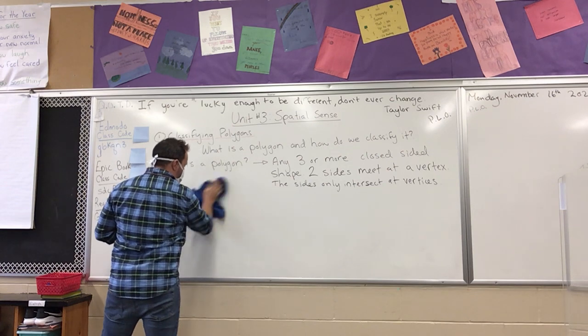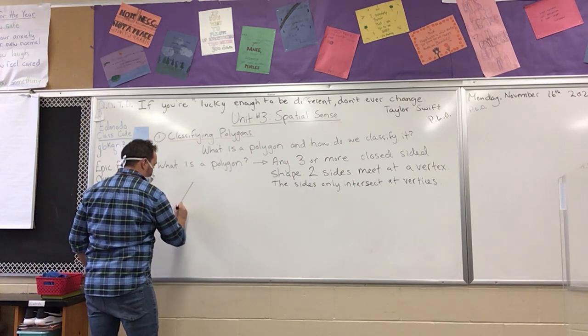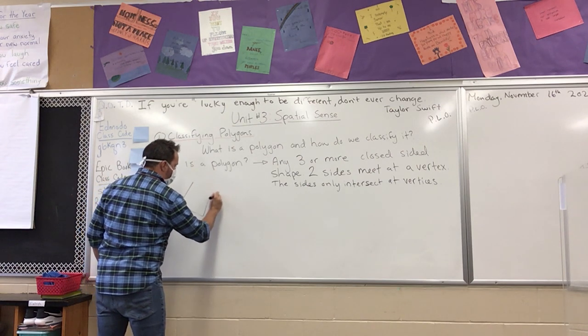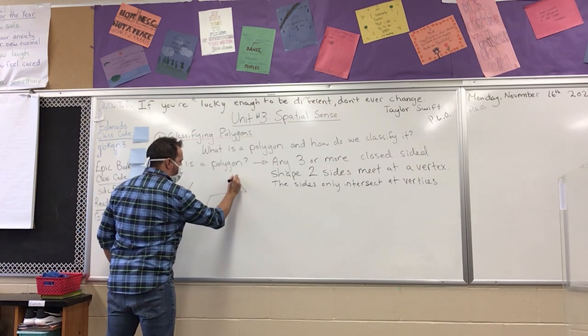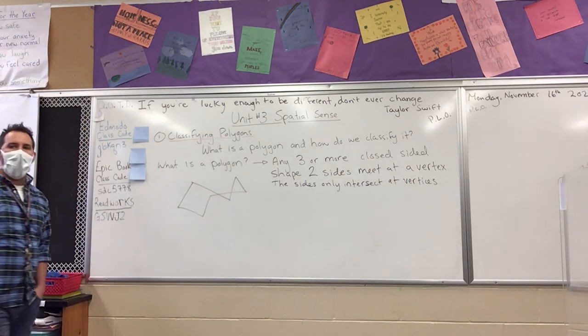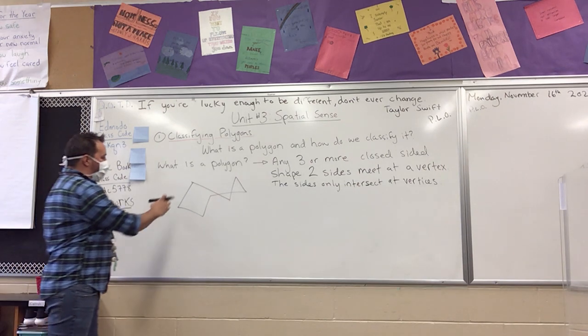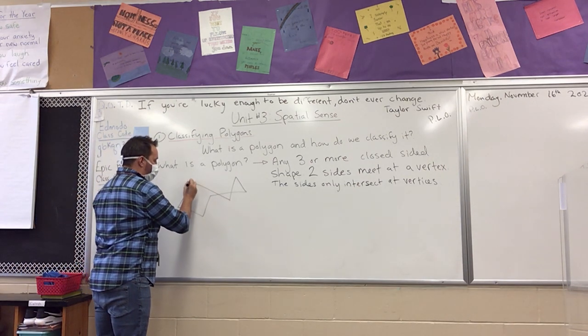Question. Is this a polygon? No. Is this a polygon? Mm-mm. Why are we saying no? It's not closed. Yeah, it is. Oh, no, it's not. Where is it not closed?